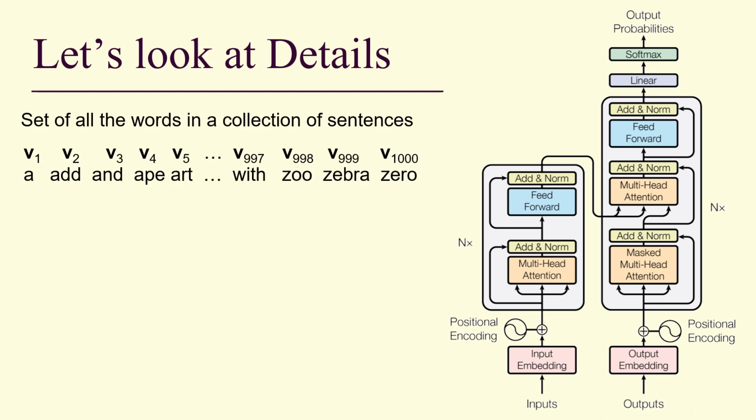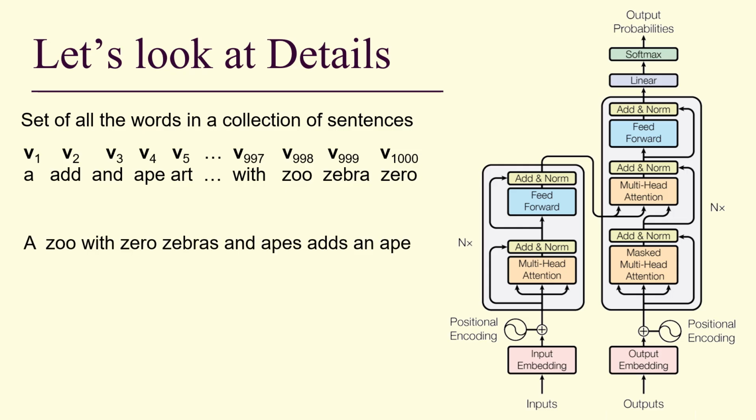So to begin with, suppose we have some large collection of documents, and those documents are all sentences. So over this huge number of sentences, we have the set of all the words in all of those sentences. And notice that I have some example here of 1,000 words, so to speak, starting with A, ending with 0. And I've labeled these with V1, V2, V3 up to V1000 respectively.